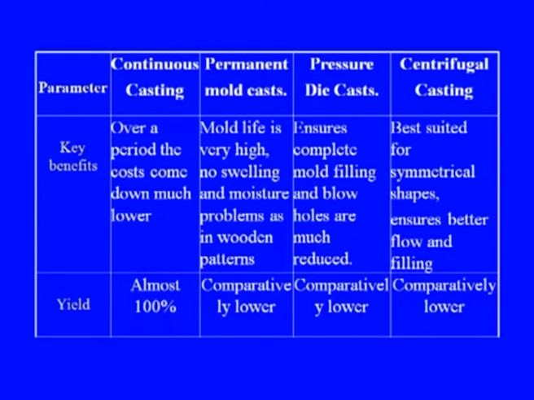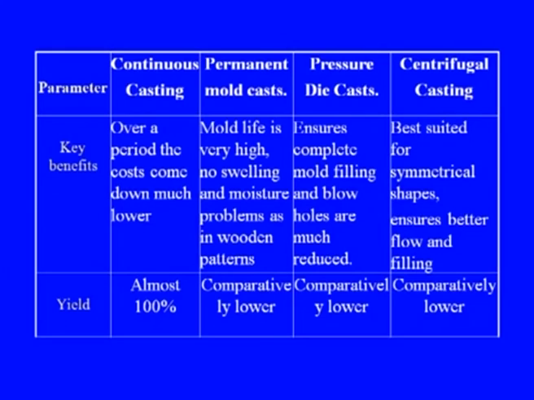However, continuous casting process is the costliest among these 4. Now, as far as the key benefits are concerned, continuous casting process can be used over a period and the cost comes down much lower. Although this is the costliest one, over the years the cost comes down.